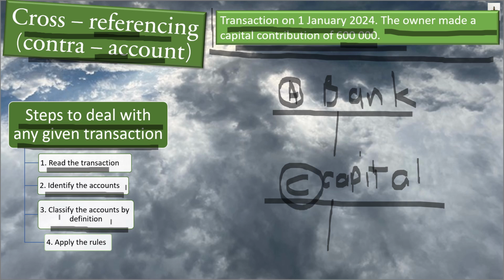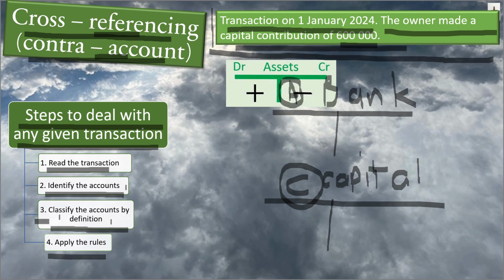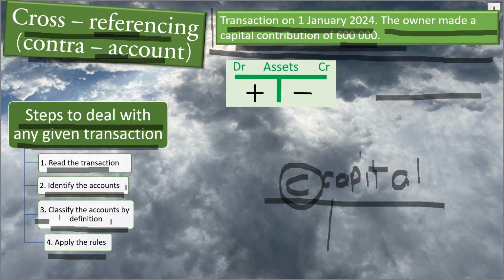Now what we need to do is, we've classified the accounts in step number 3. Number 4, we need to apply the accounting rules. And I have the accounting rules here. Let me just rub out quickly the bank account so you can see this rule. I'll move it.